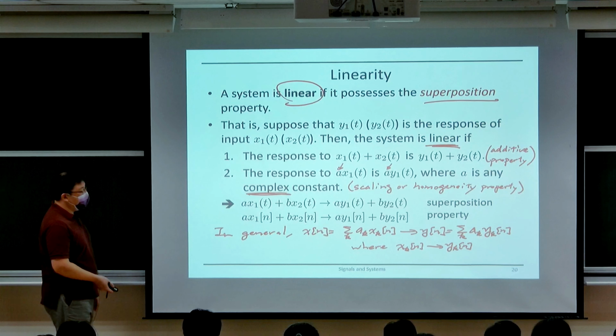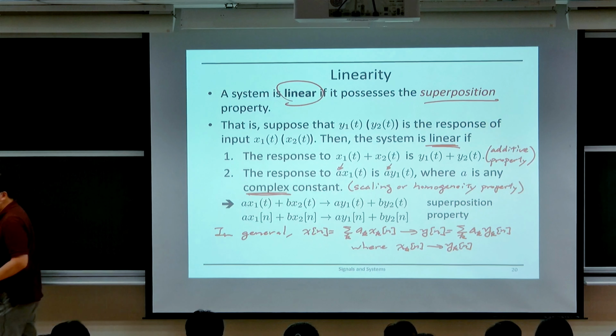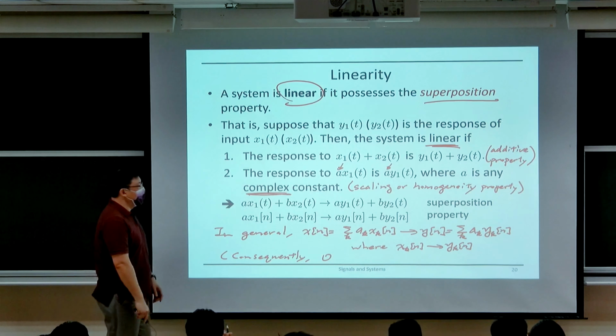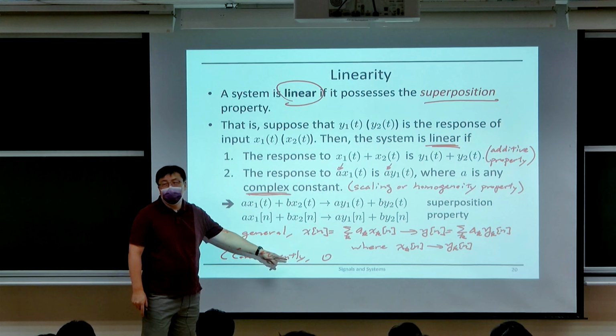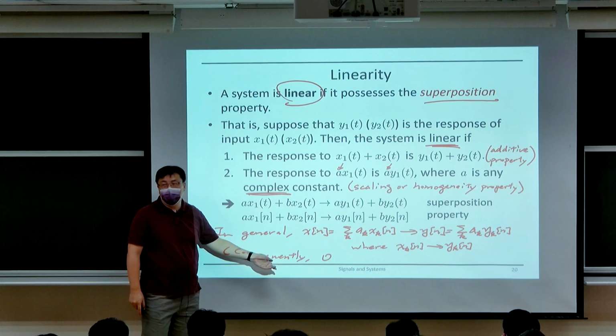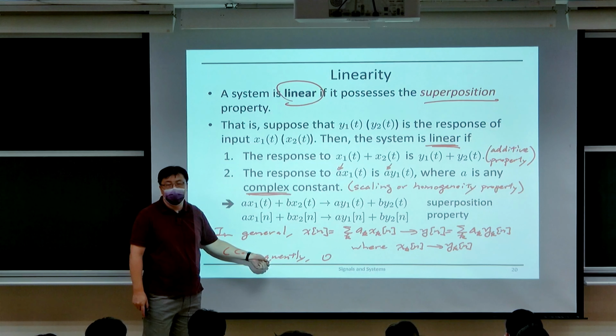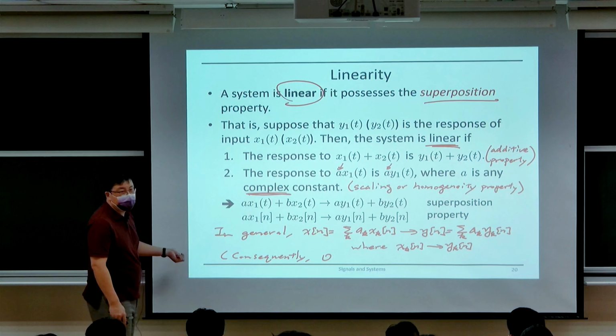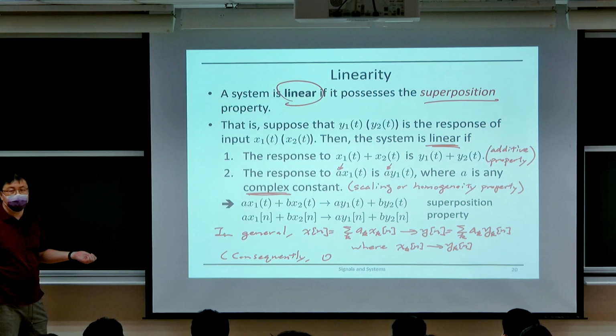Now this leads to an interesting consequence. Suppose you have an input that is 0. What is the output to an input 0? Are you able to infer the output of an input 0 if it is a linear system?